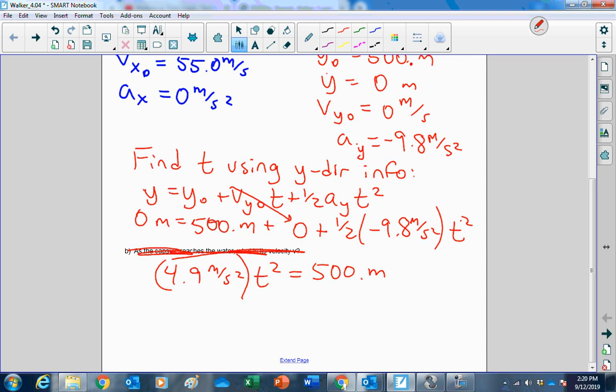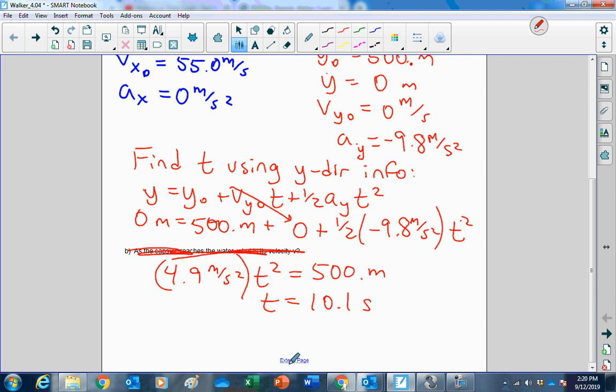Okay, so I get time is 10.1 seconds if I'm keeping 3 sig figs. Okay, so now I can use that, and that same amount of time is the time that it's moving horizontally.